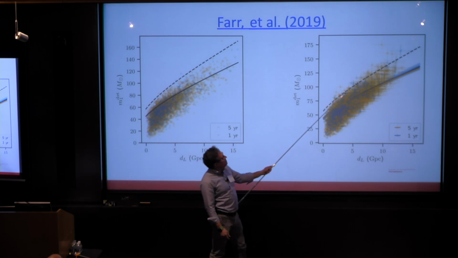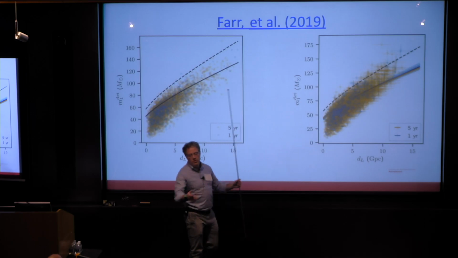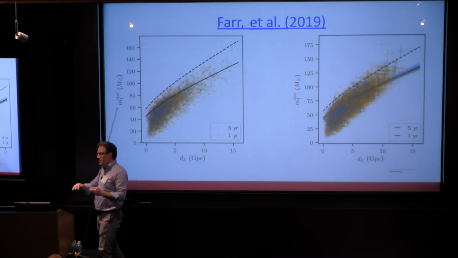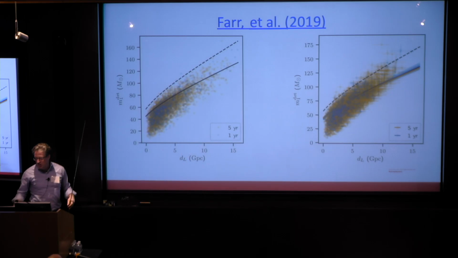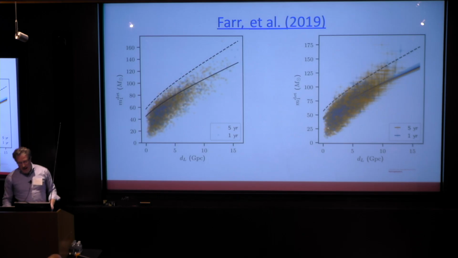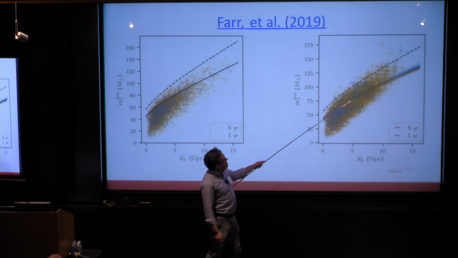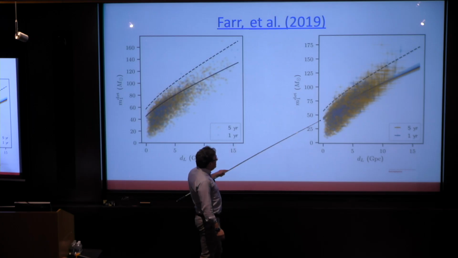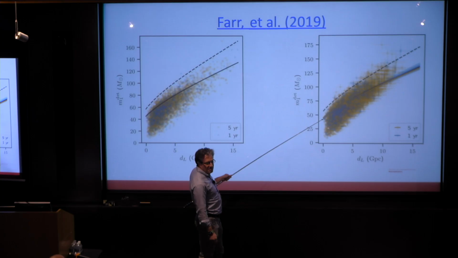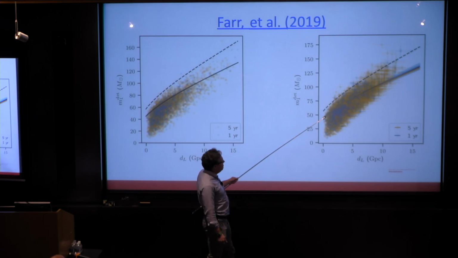Here's with actual realistic error bars. We built this whole population model that fit the shape and the location of that edge. And if you do that, this curve here with these bands is basically the source frame mass times 1 plus z as a function of dl.